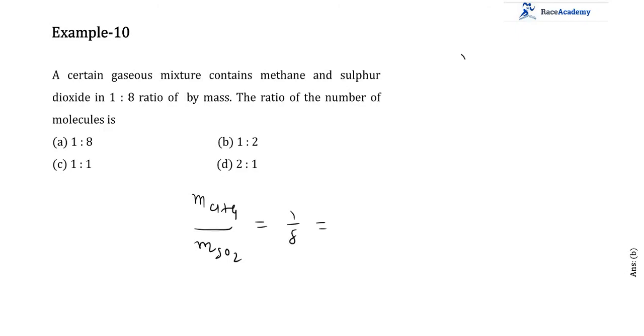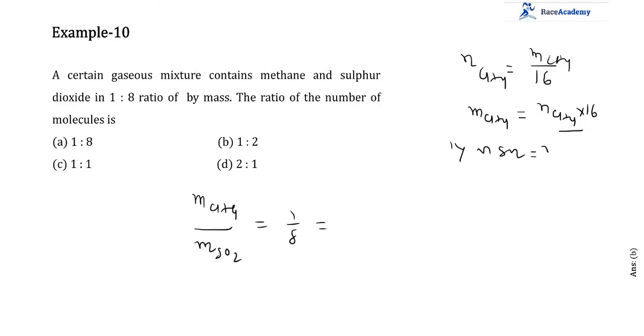We know that number of moles of methane is its mass divided by its molar mass, 16. So mass of methane equals number of moles of methane into 16. Similarly, mass of SO2 equals number of moles of SO2 into its molar mass, 64.